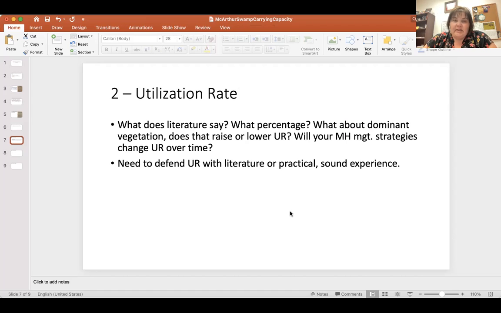But in this country, in this scenario, what would be one major concern of not using enough of the forage? So again, the question was, in this ecosystem, what would be a major concern with not using enough of the forage?